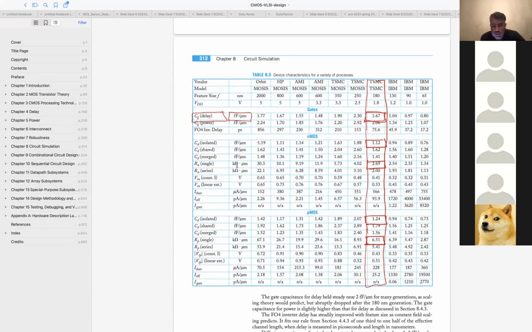Now let's talk about that a little bit. We're talking about resistance, so kilo ohm makes sense, but what's this micron doing?